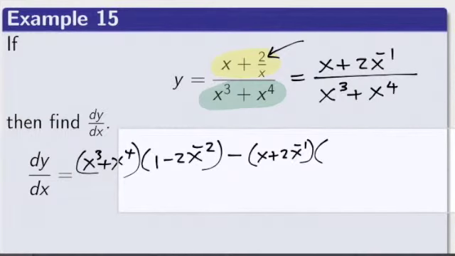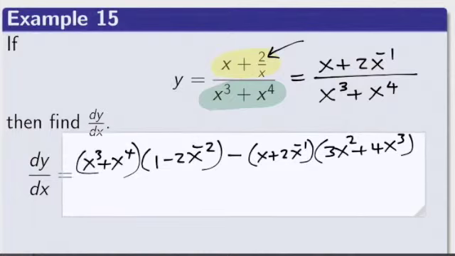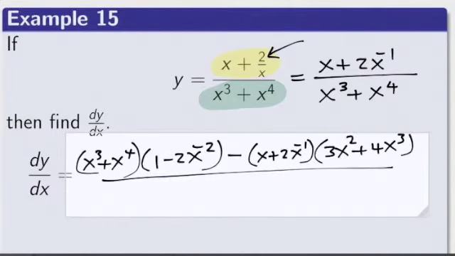So the derivative of x cubed is 3x squared, and the derivative of x raised to the power 4 is 4x cubed, and the whole thing divided by the denominator squared.